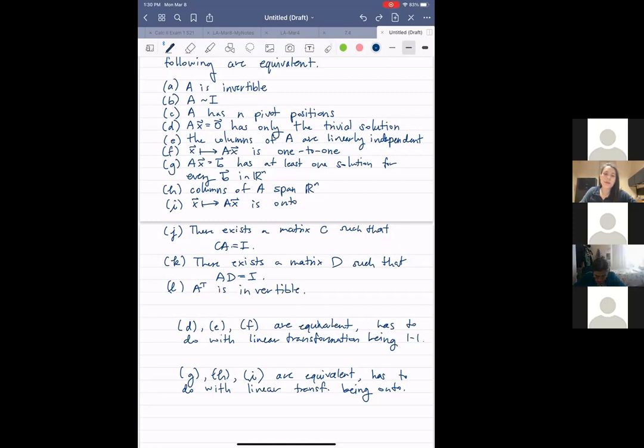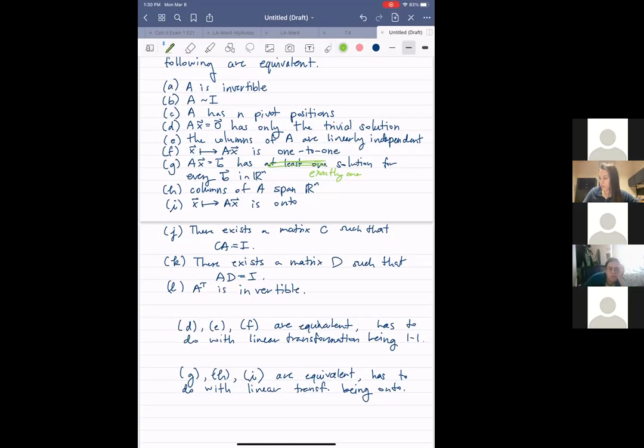Yeah, yeah. So we can replace this "at least one" with "exactly one," really. I'm really just writing it this way because they do so in the textbook, but I don't necessarily agree with it.